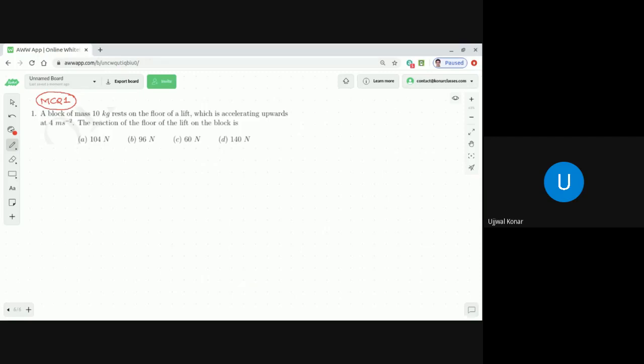So what is the answer you got for this MCQ one? Sir, D. Okay, great. Tejas, you also got D? Yes, sir, I got 140 newtons. Okay, great. So now let's go to the next one.